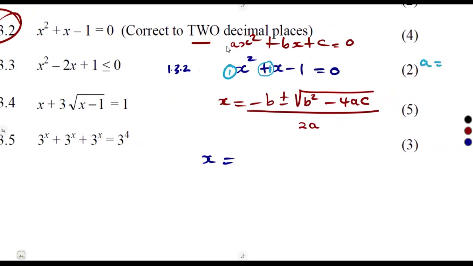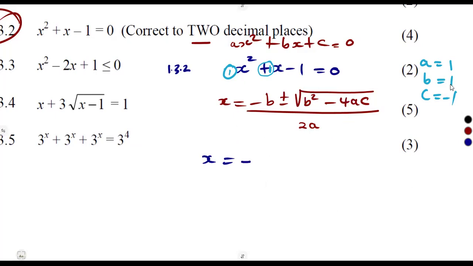A is the coefficient of x squared, which is 1. B is the coefficient of x, which is positive 1. C is the constant. In our case, it is negative 1. So let's substitute into our formula.